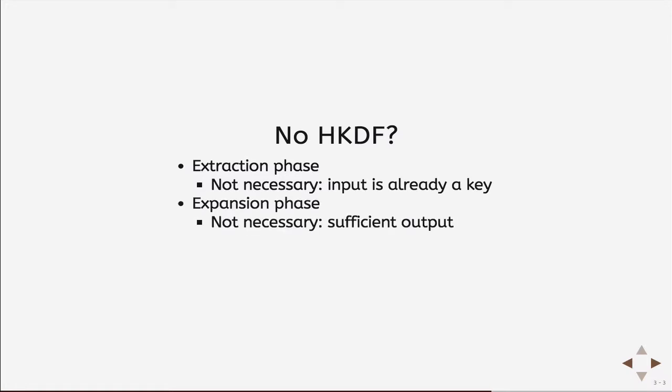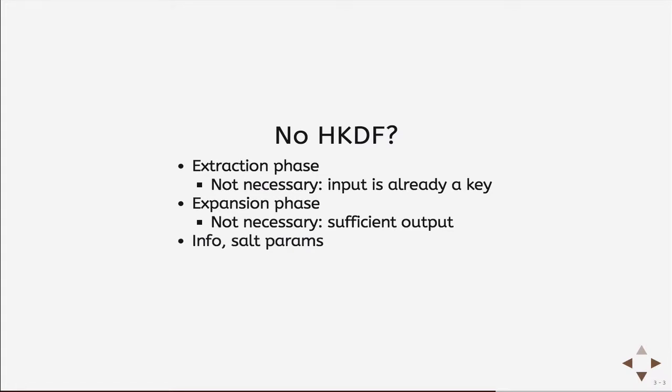The other thing that HKDF gives you is an expansion phase, where you turn that input, or at least the entropy gathered from the input, into a bunch of keying material for the output. In our case, that's not necessary because Blake 2 provides ample output by itself. By default, it's 512 bits for Blake 2b that come out, so it's exactly enough for what we need.